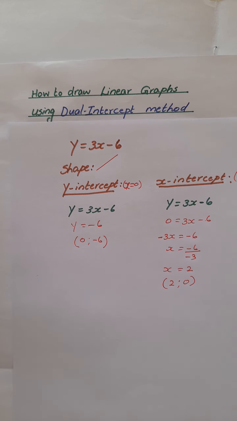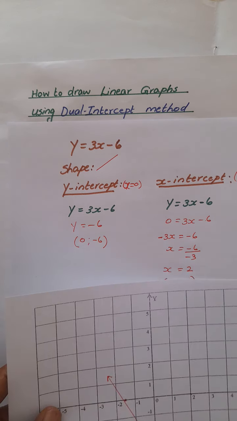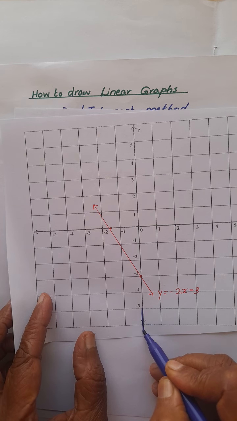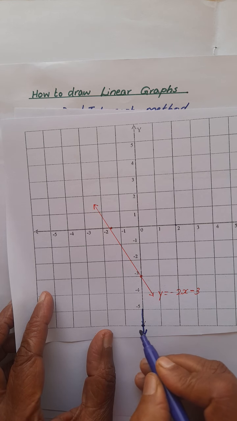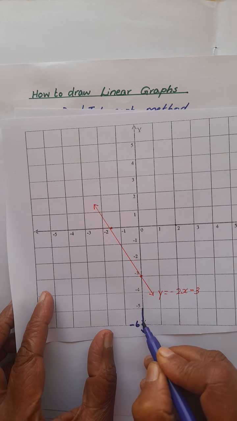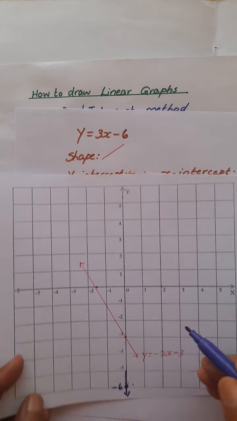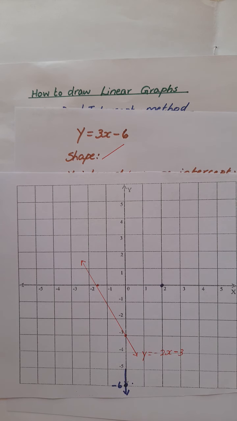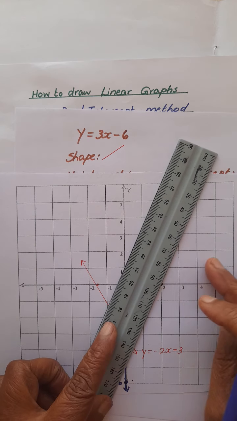So let's plot that also. Let's draw the graph of that one. Here y is -6. I don't have it up to -6, so I'm going to extend the y-axis here. This is the -6, and then we have x is 2, that is here on the x-axis, and then you join the points.